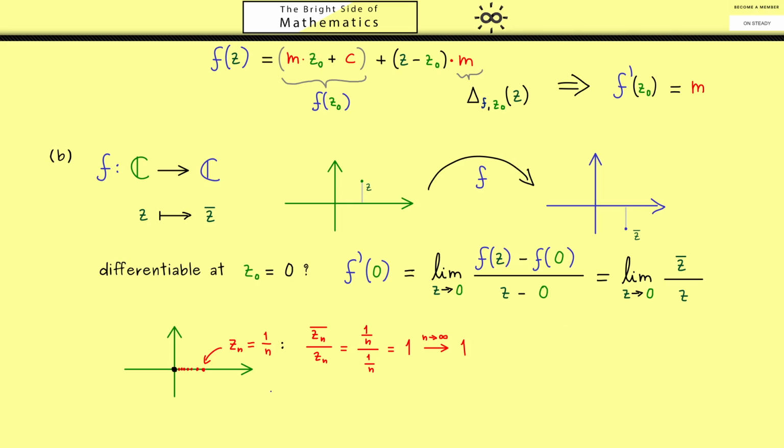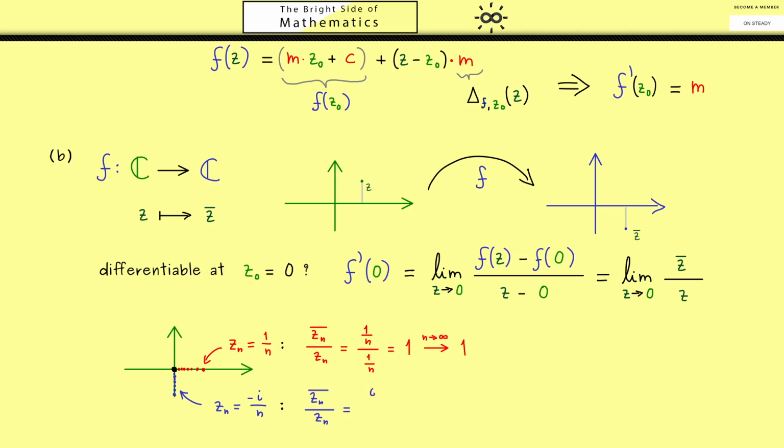That this can't be 2, we see when we look at another direction. Now let's use the imaginary axis and run from the bottom to 0. For example, this can be done with the sequence Zn is equal to minus i divided by n. So again, we have the same question, what is Zn bar divided by Zn? So now, in the numerator, we actually have a flip.